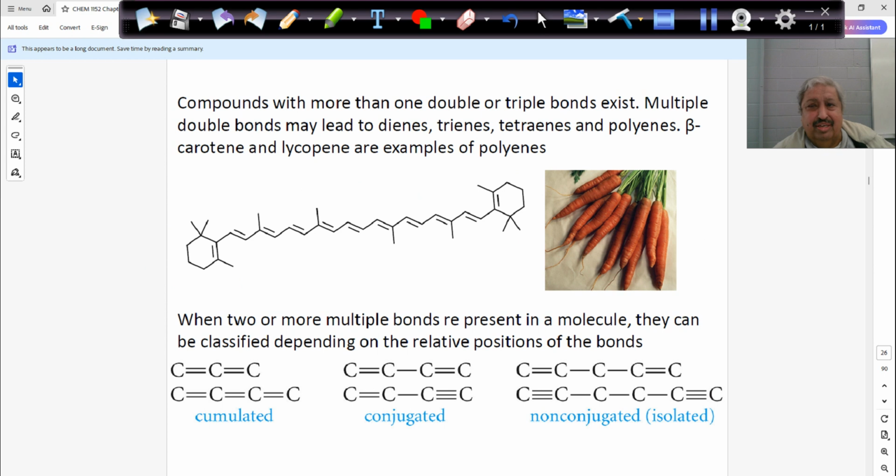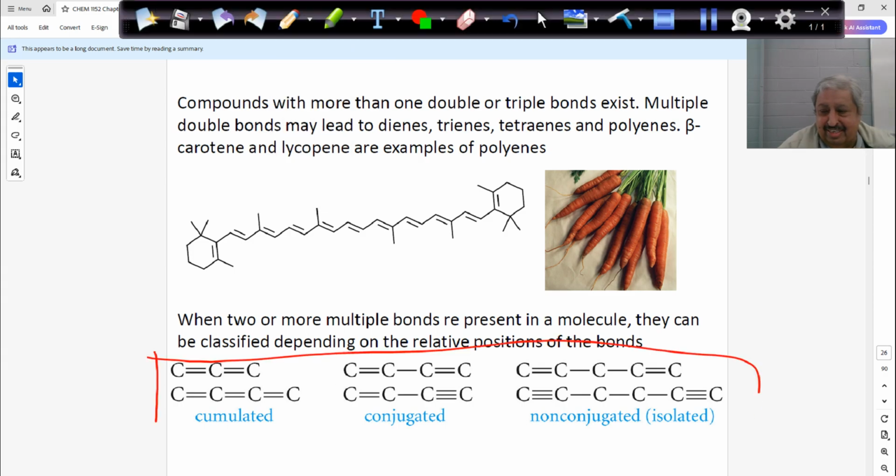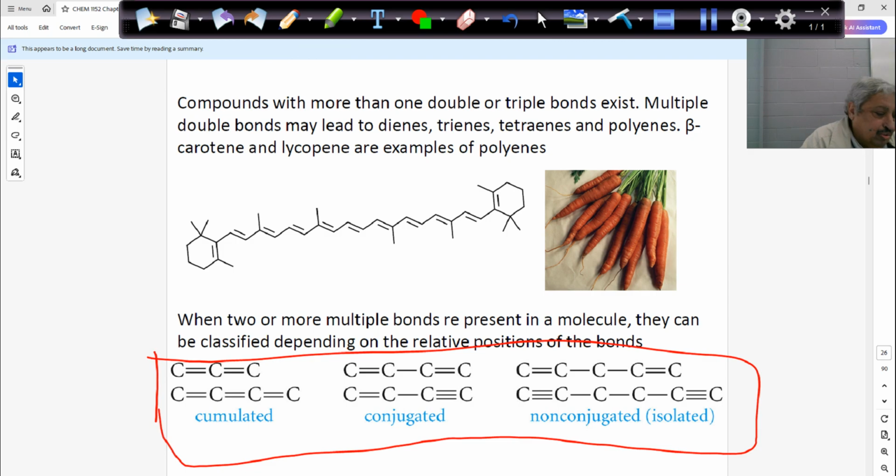Somebody asked me, a long time ago when we started, what's the difference between conjugated and non-conjugated? Remember that? We answered it at that time, but that's just the conclusion of the different arrangement of the double bond.